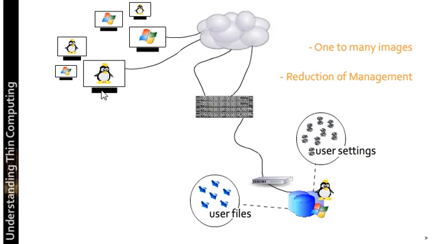In a thin computing environment, we have what we call one-to-many images. So this Linux image and this Windows image here can populate any one of these desktops with no problem at all. Remember, we have our user settings and user files individual, so we can have one Linux image serve literally hundreds of users at one time, of course based on performance of the server.